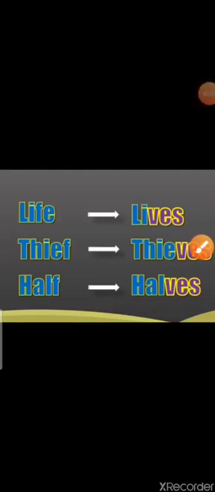Now we are going to study the noun words which are made plural by using the letters VES. One important thing while making plurals is that VES will only be used when the noun ends with the letters F and FE. On the screen you can see life, thief, half, shelf, leaf, calf.